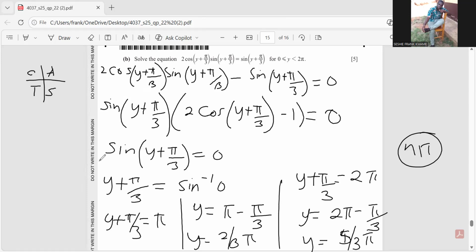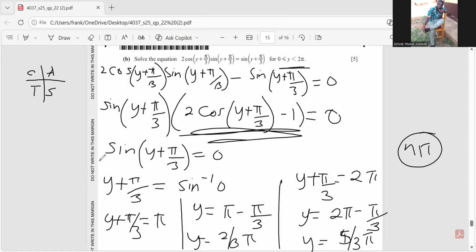Don't forget the value should be within this. So if I use 3 pi, it will go beyond 2 pi. So the only values for sine that can work for y is 2/3 pi and then 5 out of 3 pi. I will go to the second case, which is this one being equal to 0.